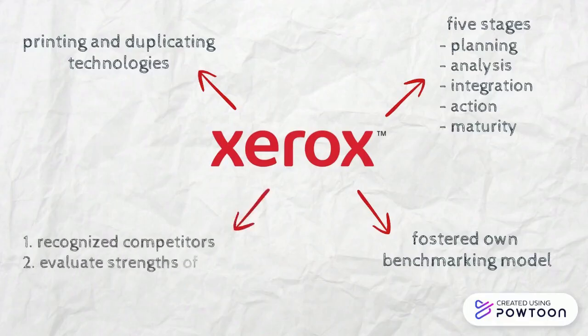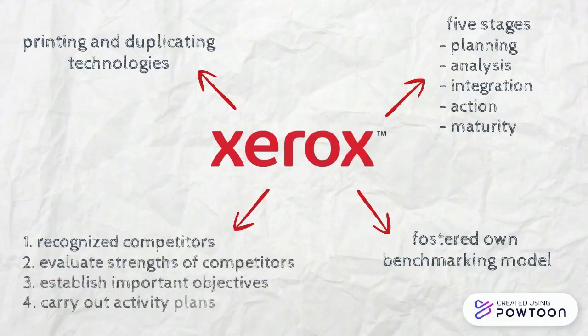To start with, Xerox recognizes its competitors. Second, evaluate the strengths of competitors and compare Xerox's performance and that of its competitors to decide the current competitive gap and the projected competitive gap.